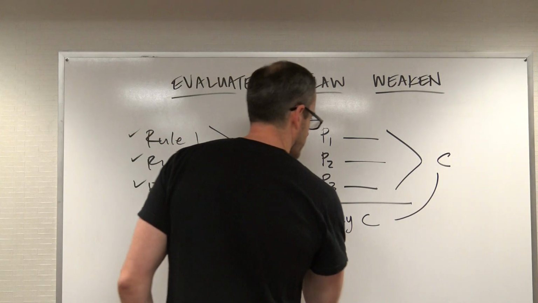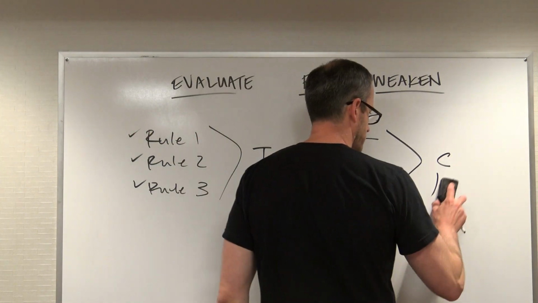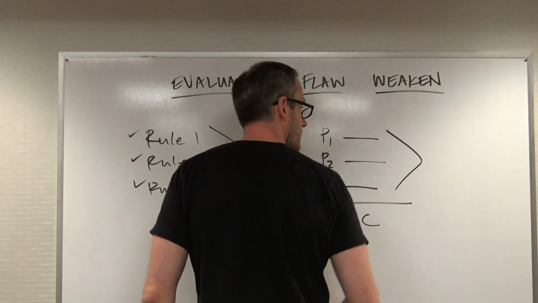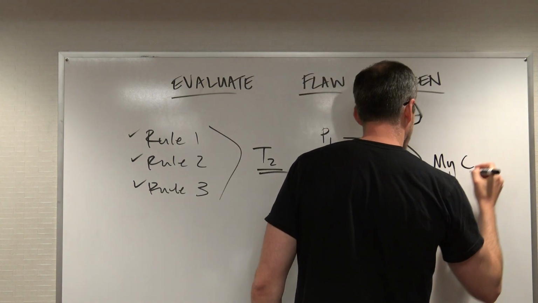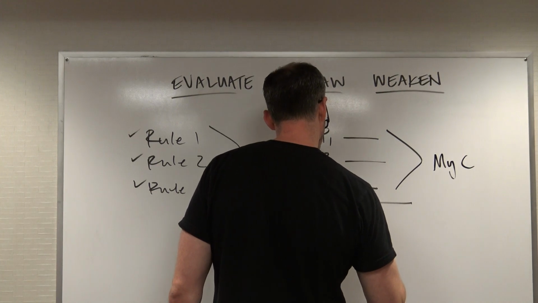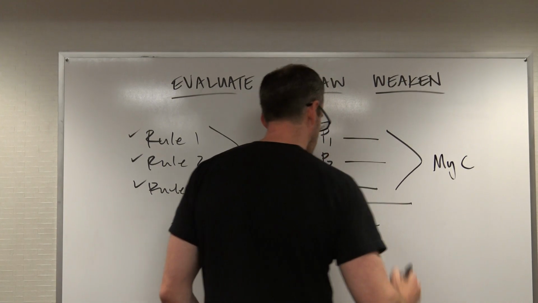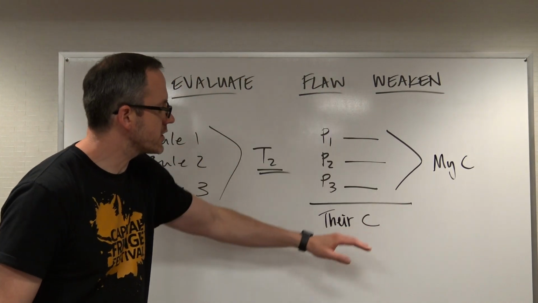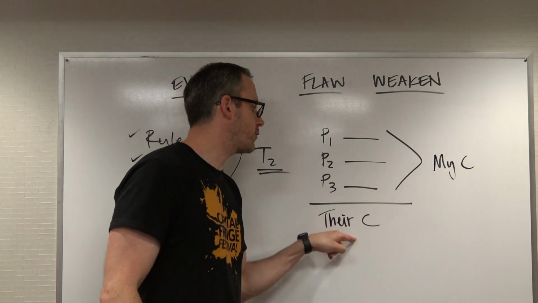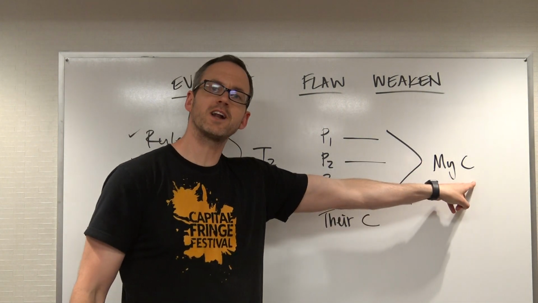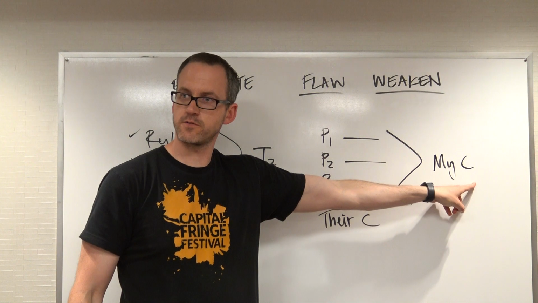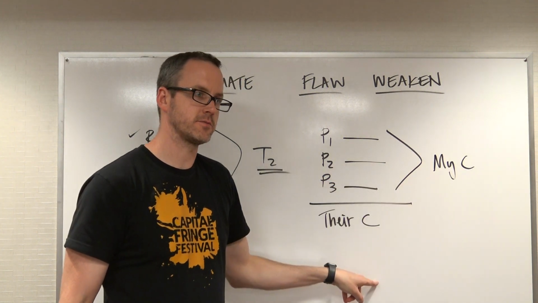Actually, I should probably do it like this, just to make the analogy a little more clear. Okay, so they give you an argument, they draw a conclusion, but before I read their conclusion, I figure out what I think you could conclude from that evidence, and I compare the two.